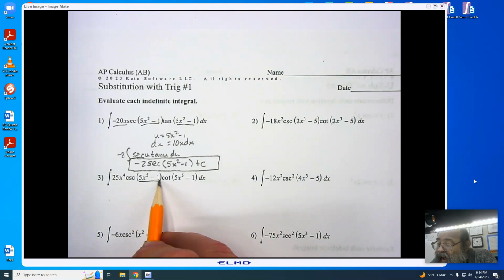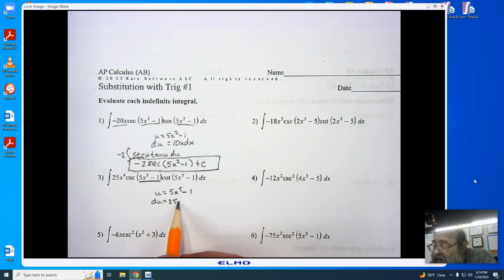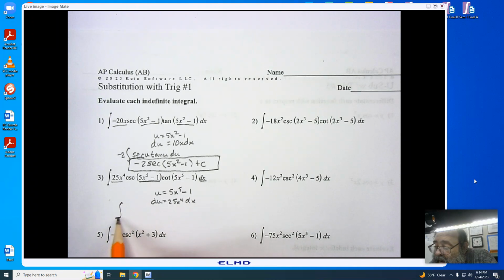5x to the fifth minus 1 is what my u is going to be. Notice that when I take the derivative of this, du is the 25x to the fourth dx, and that's what I see here. Substituting, I'm going to have the cosecant of u, cotangent of u, and I have du.